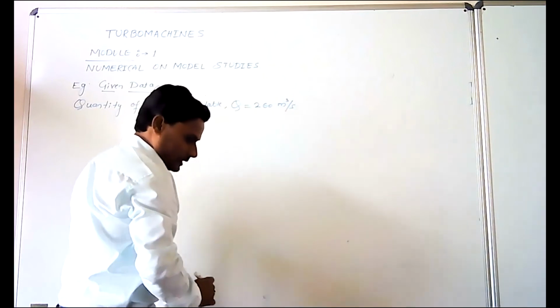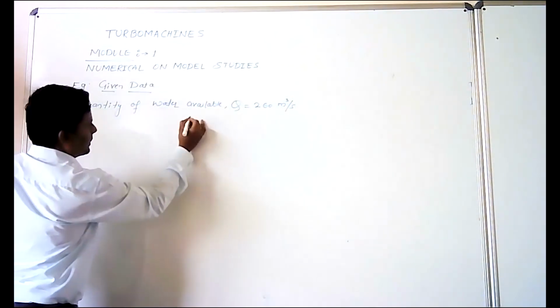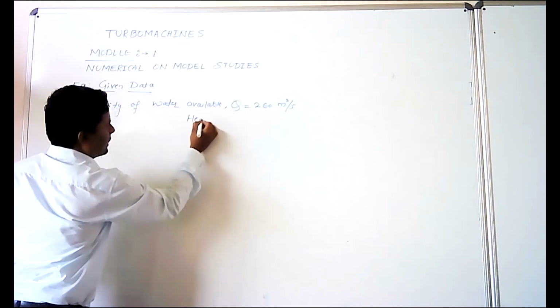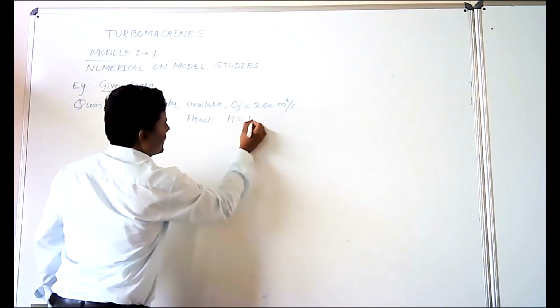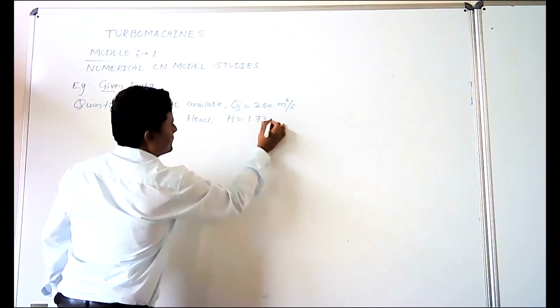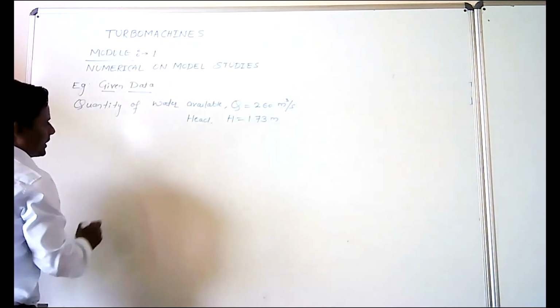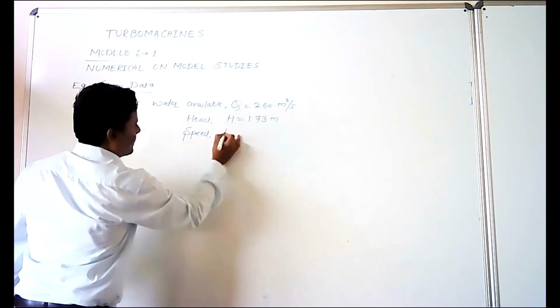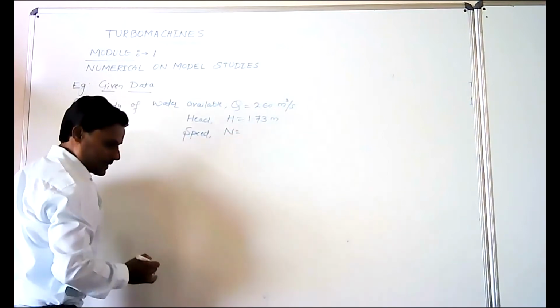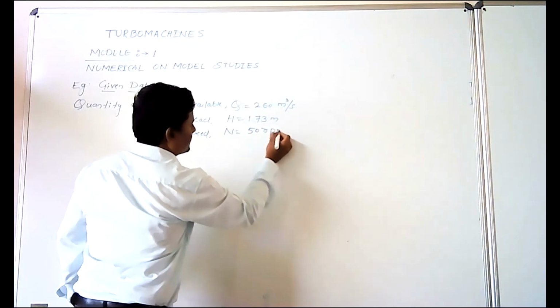Next, the head developed is H equals 1.73 meters. The speed of the turbine, capital N, equals 50 rpm.